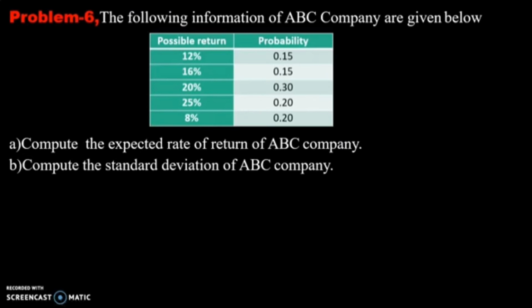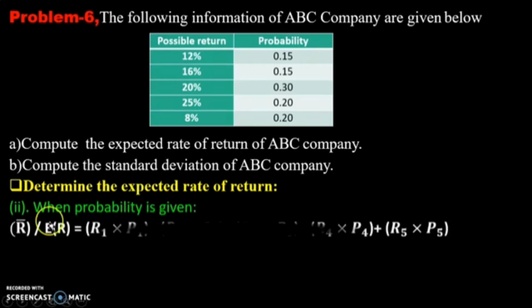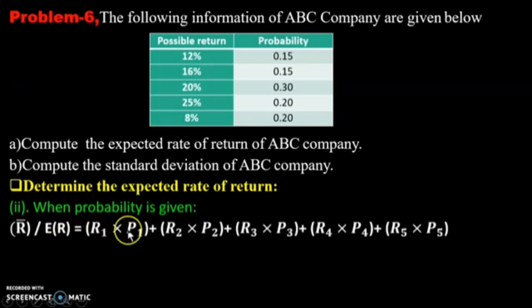We learned that first we calculate the expected return for the standard deviation. Determine the expected rate of return using the probability formula. The formula is R1 into P1 plus R2 into P2 plus R3 into P3 plus R4 into P4 plus R5 into P5.